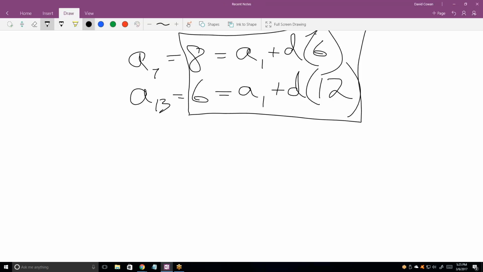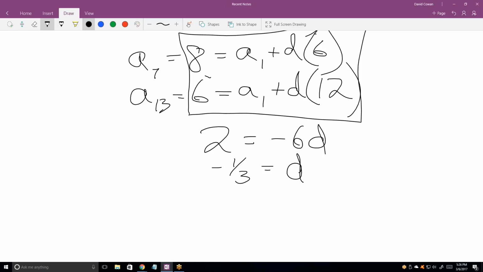You get 2 equals... What's 6d minus 12d? It's just the -6d. Minus 6d. So we can solve for d.